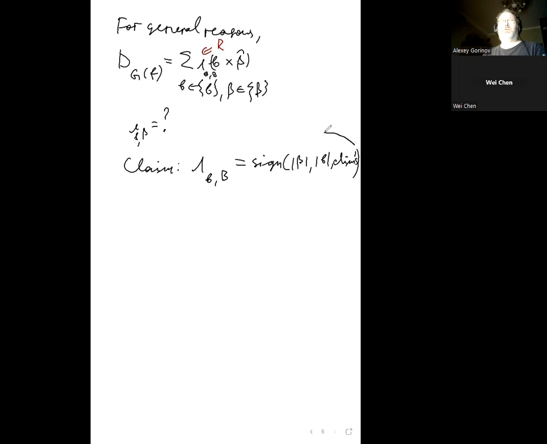And this all has to be times the beta b element entry of the matrix of F.